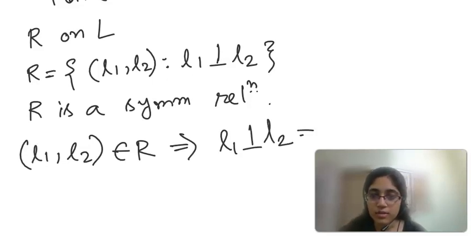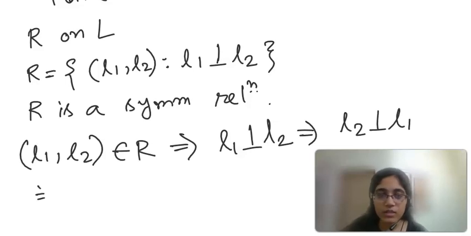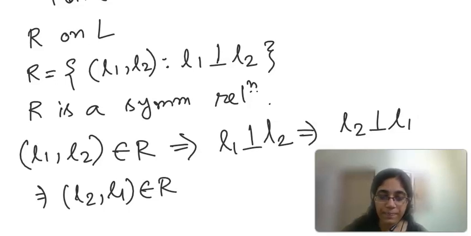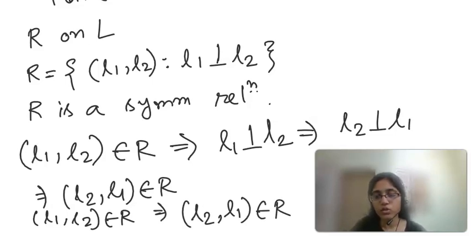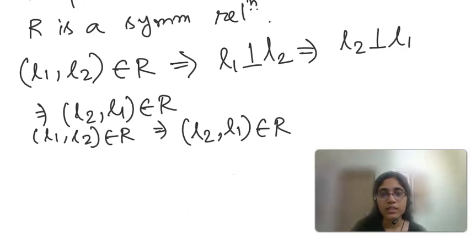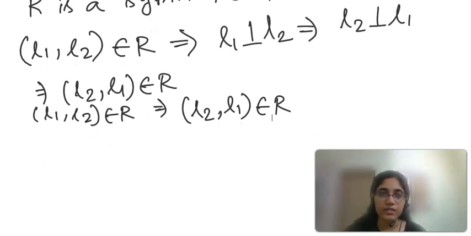Now this implies that L2 is perpendicular to L1. So this implies (L2, L1) belongs to R. So (L1, L2) belongs to R implies that (L2, L1) also belongs to R. That's why R is a symmetric relation.